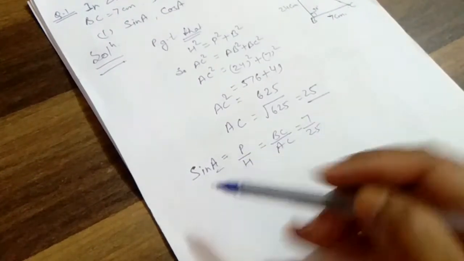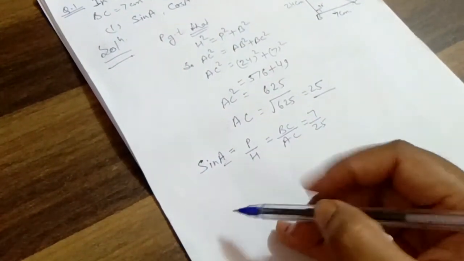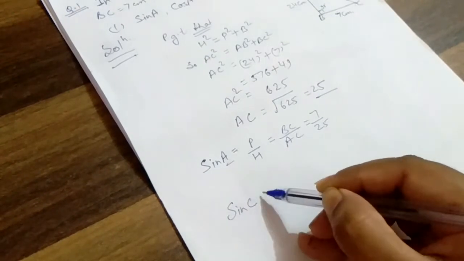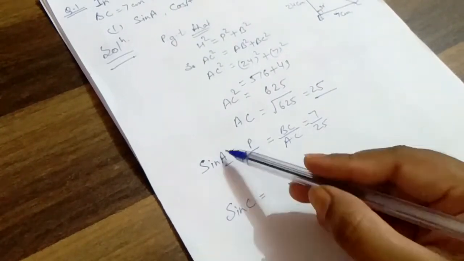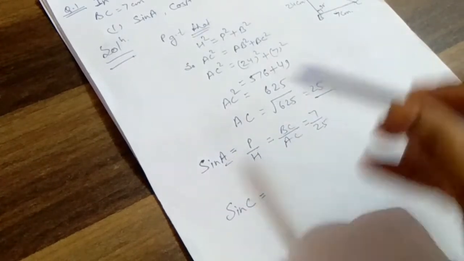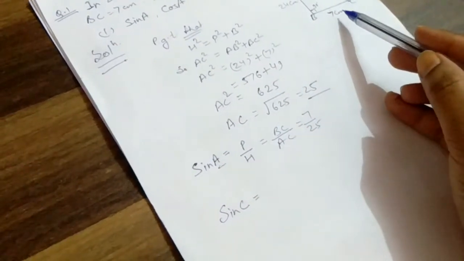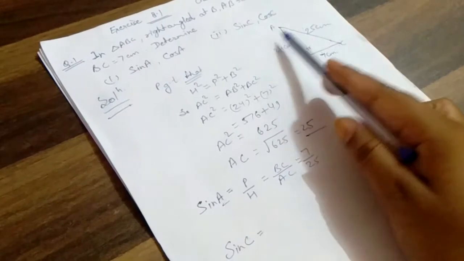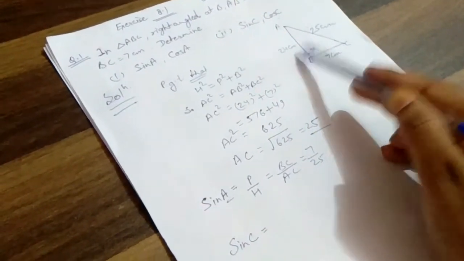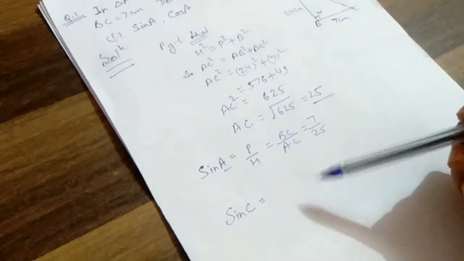So now we are going to solve sin C. We can calculate cos A similarly because cos is equal to base upon hypotenuse, and for angle A the base is 24, that is AB, and the hypotenuse is 25 centimeter.